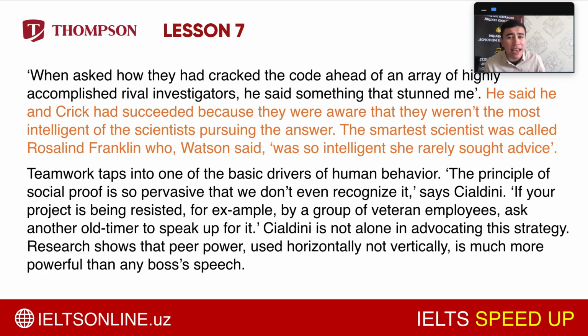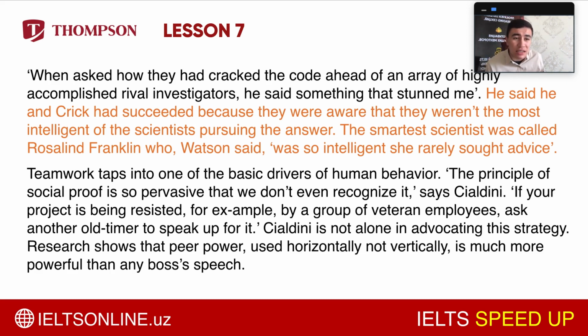When asked how they had cracked the code ahead of an array of highly accomplished rival investigators, he said something that stunned me. He said he and Crick had succeeded because they were aware that they were not the most intelligent of the scientists pursuing the answer.